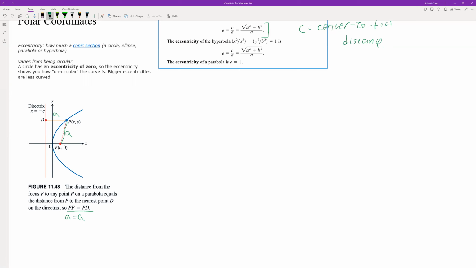We get e is equal to A over A, which is always 1. And it's 1 for all the points on the parabola. That's why we know that a parabola has an eccentricity of 1.